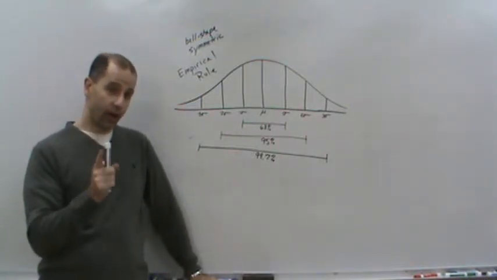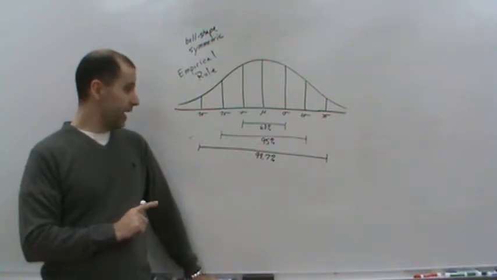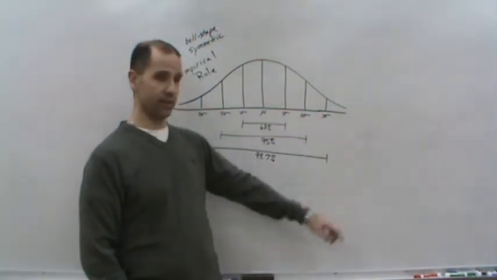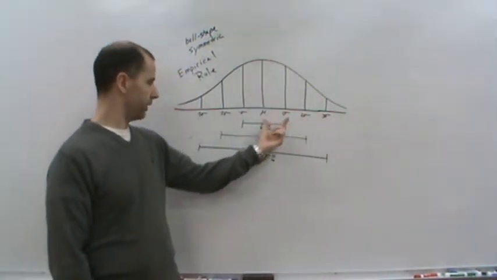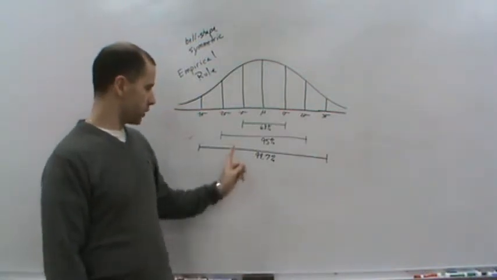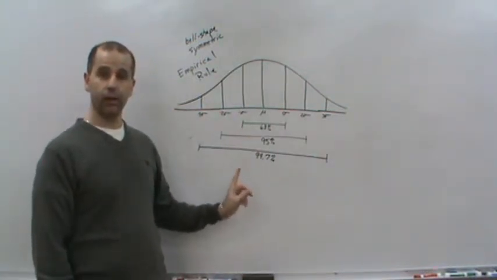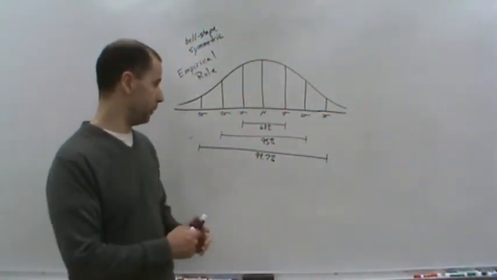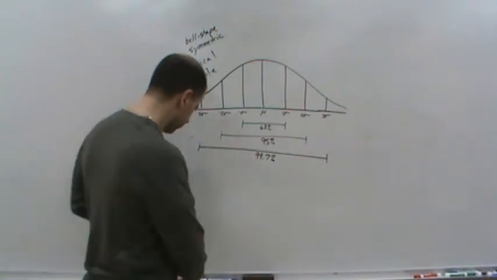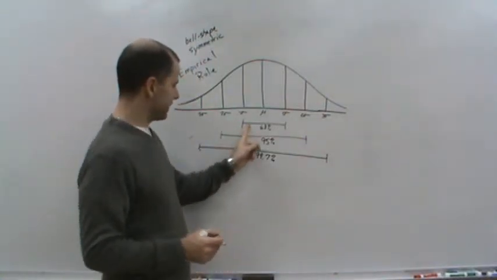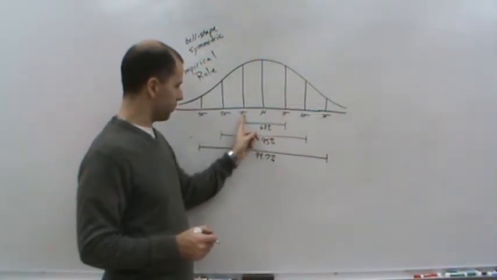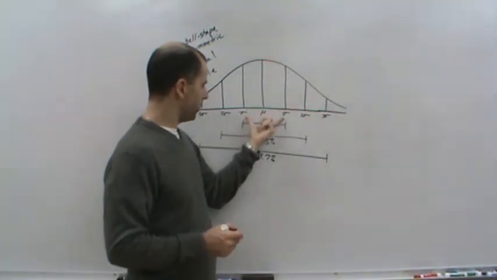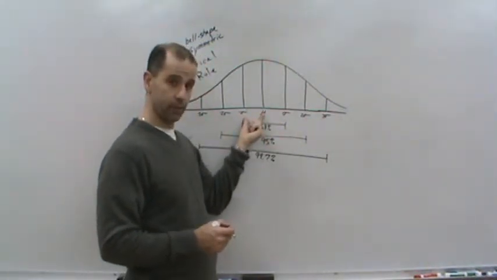Now, the other thing that is fantastic is not only do you know this, but if you memorize this, you can figure out all the pieces between each one of these values just by adding and subtracting percentages and using the fact that it's bell-shaped and symmetric. For example, if I know that 68% falls within these 2 numbers, within 1 standard deviation, and I know this is bell-shaped and symmetric, then what do I know about this half?